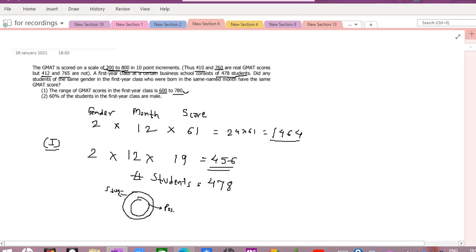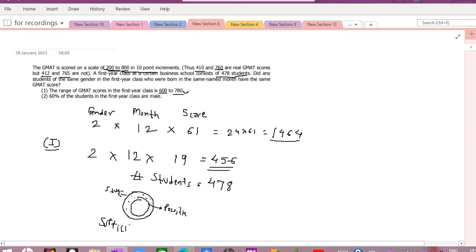So there will definitely be some students who are of the same gender, born in the same month, and have the same score, because all possible unique combinations are only 456, while you have more students than combinations. Hence, this statement is sufficient.